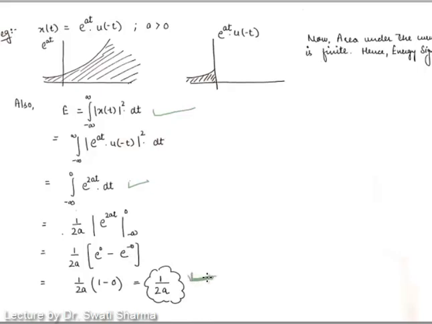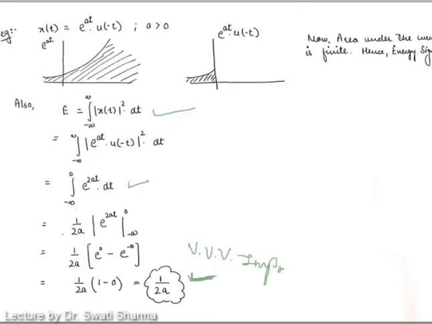Now this value 1 upon 2a is very, very, very important. Why? Because any exponential signal, if integrated, will give you the value of 1 upon 2a. I'll discuss it in detail in the coming few slides.